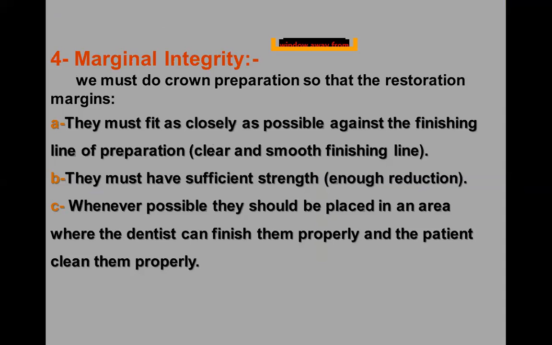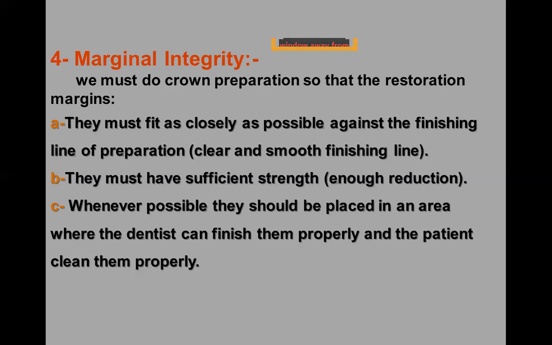Now, the other principle is the marginal integrity. What does it mean? That means we must think about the margin which will be formed by the crown. How can we think about this margin? First, the margin must fit closely, with intimate contact between the margin and the finishing line.